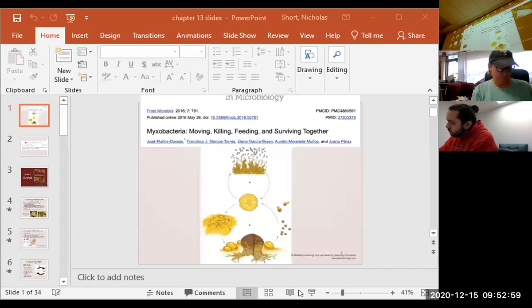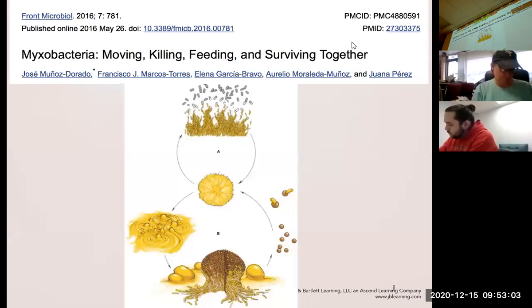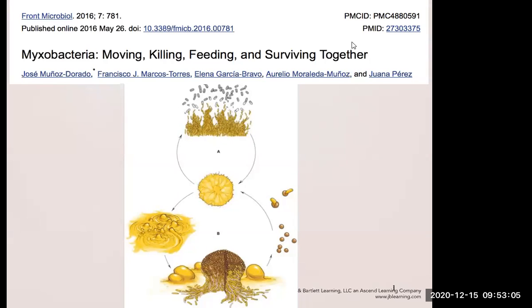So let's go ahead and go into the slides for today. All right, so I want to start by just talking about something that Sabrina mentioned yesterday. We were talking about the proteobacteria as a group of gram-negative organisms. And the book says that only gram-positive organisms are going to produce endospores.